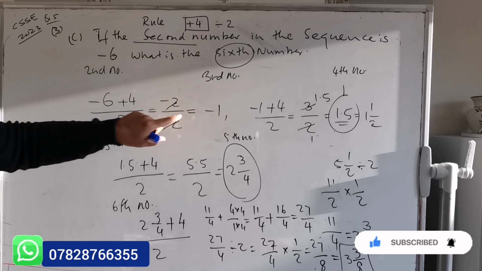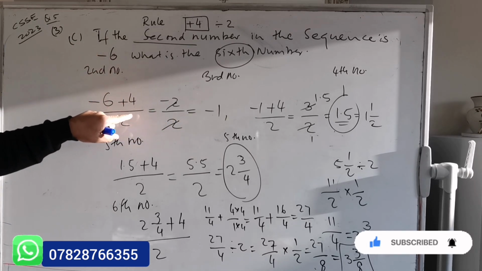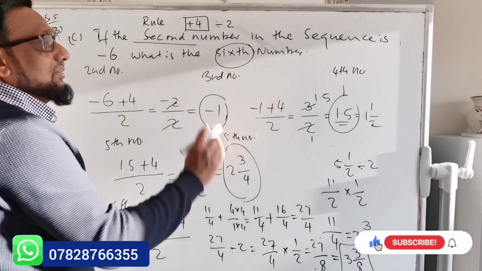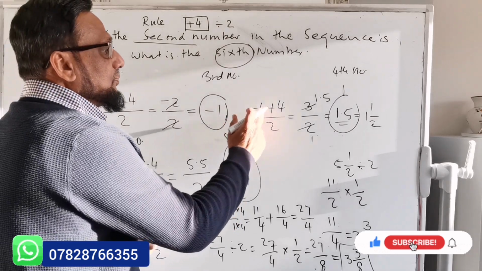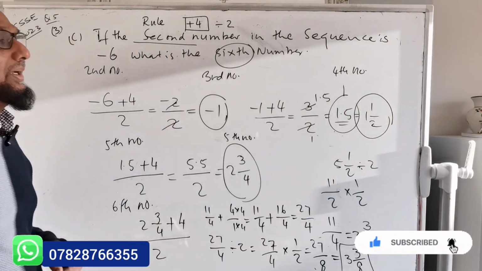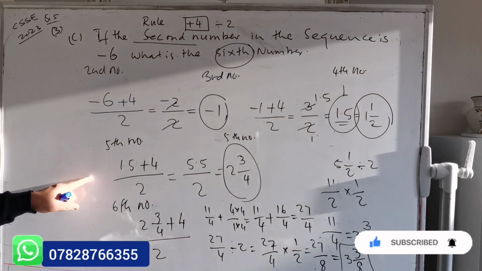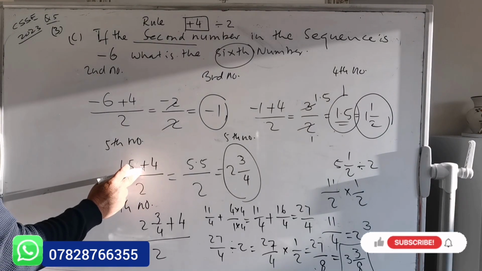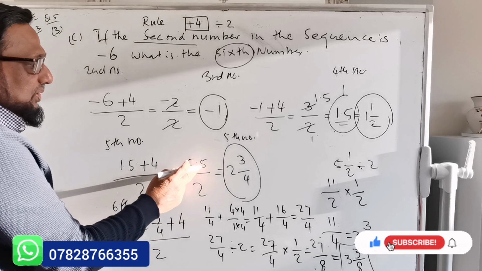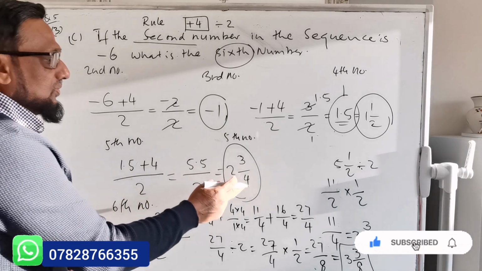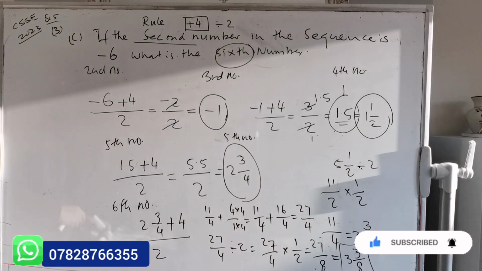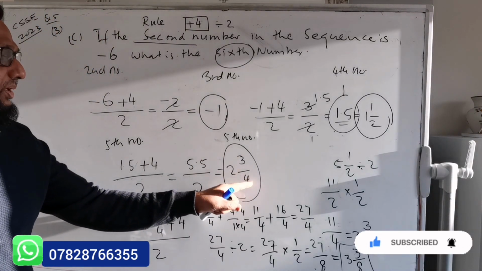Our third number is minus 6 plus 4 divided by 2. Then add 4 and divide by 2, and you get the fourth number, 1.5. For the fifth number, 1.5 plus 4 divided by 2 is 5.5 divided by 2, which converts to the fraction 2 and 3/4. This is your fifth number.